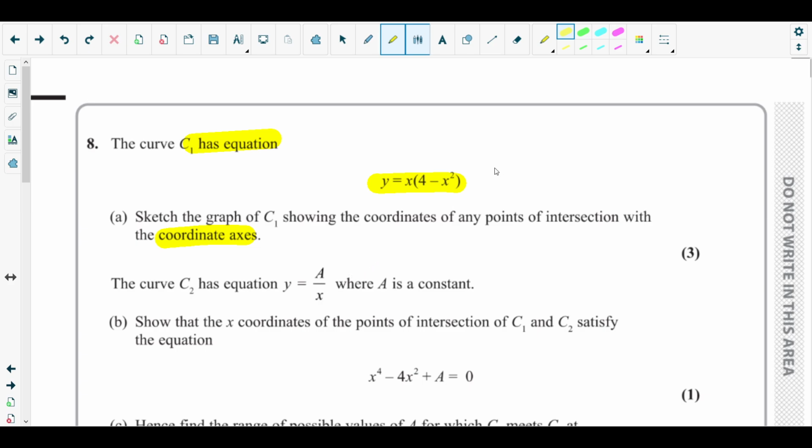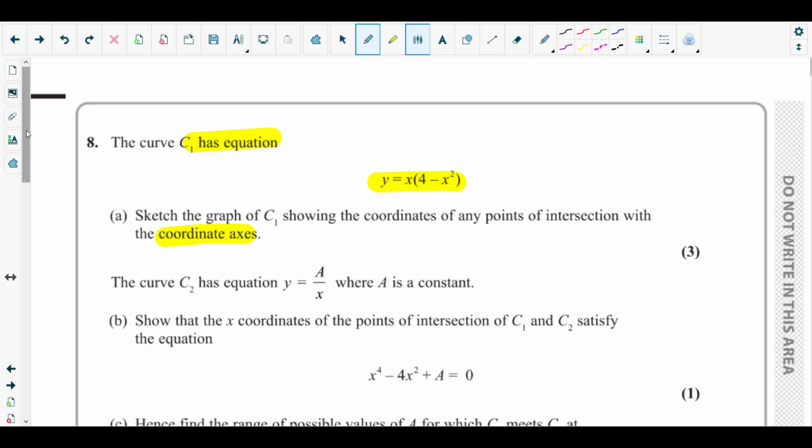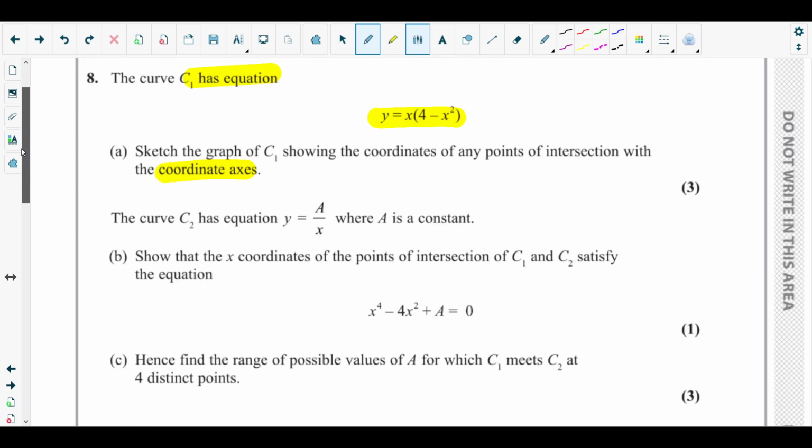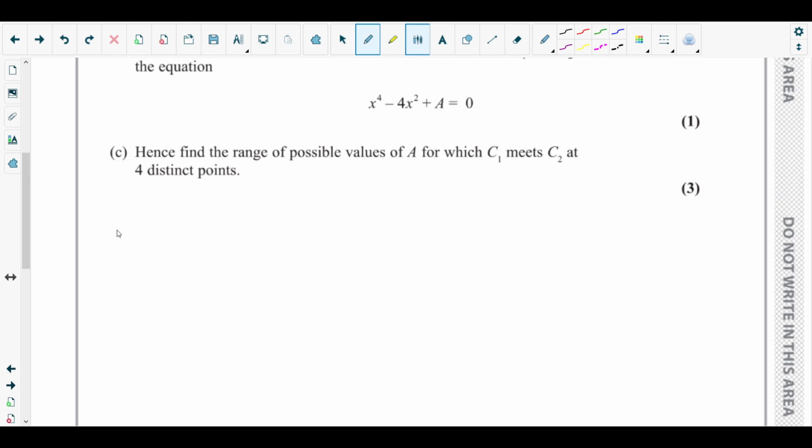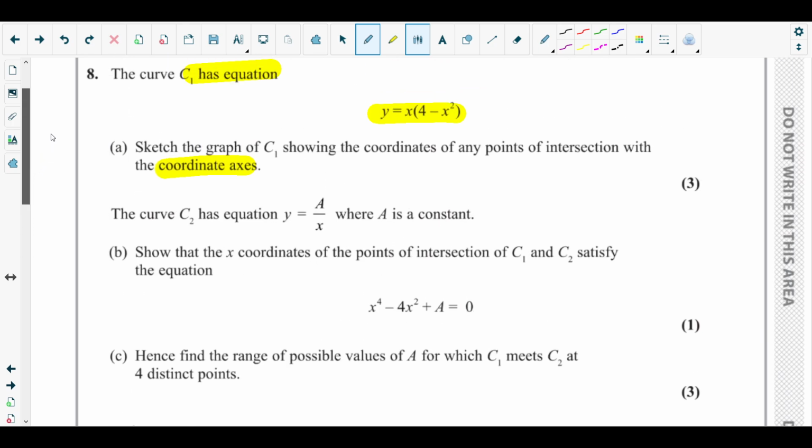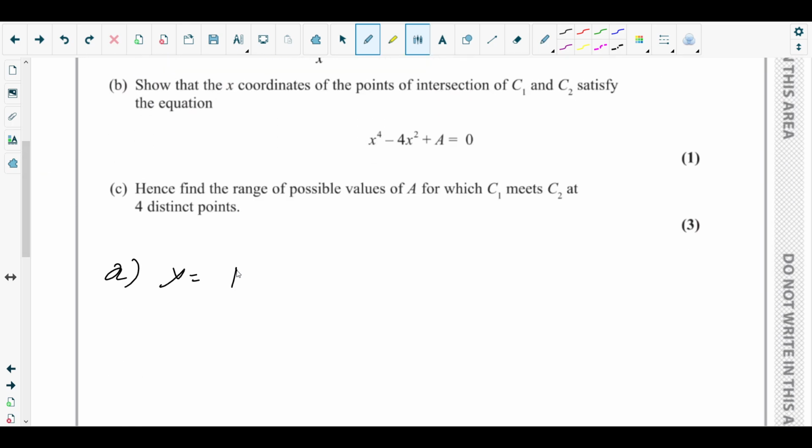What type of equation is the curve C1? Definitely it's cubic, because if you multiply x with negative x squared, you will get negative x cube. So we need to sketch the curve of a cubic equation. For part A, y equals 4x minus x cube.